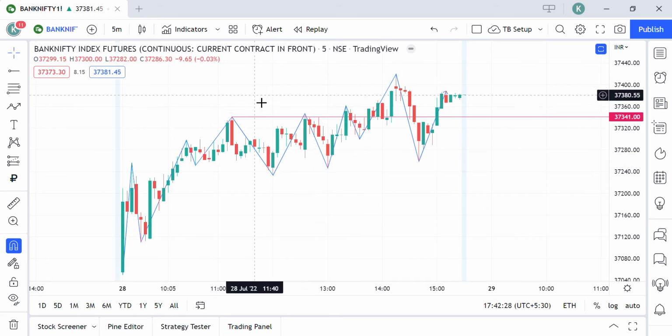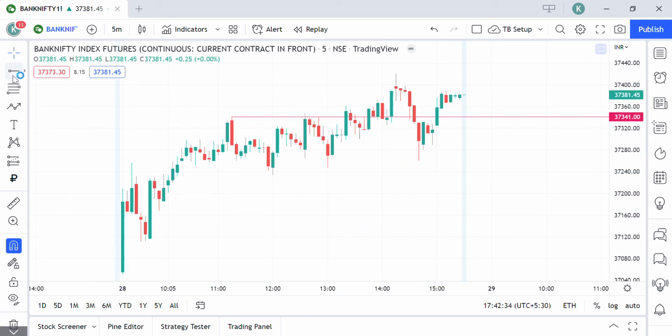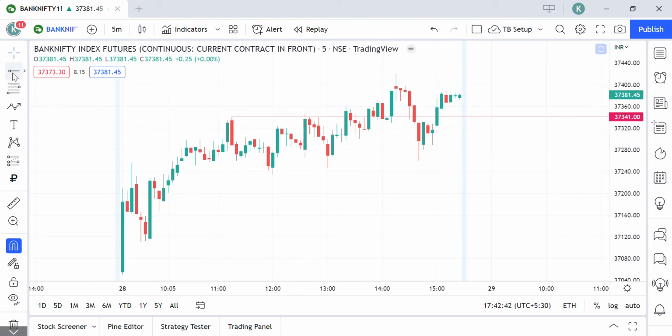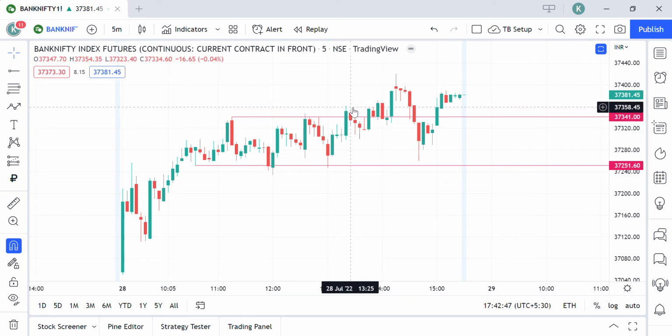So with this kind of structure, we will try to examine what has happened and why we have to trade in particular time frames and zones like this. So let us mark the highs and lows here. Rather, I would first like to mark the highs and lows that are manipulated.